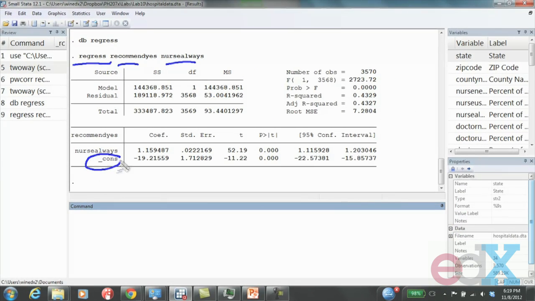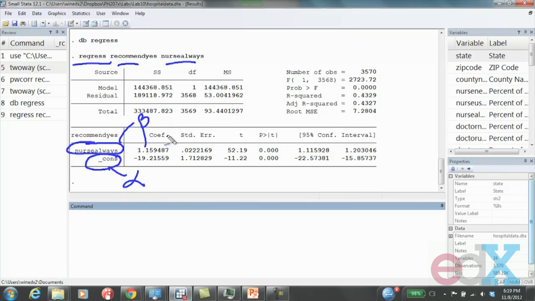First of all, this underscore constant, that is alpha from our model. That's our constant in the linear regression model. And then nurse always, that's the name of our explanatory covariate. So what that corresponds to is it gives us the information for beta.